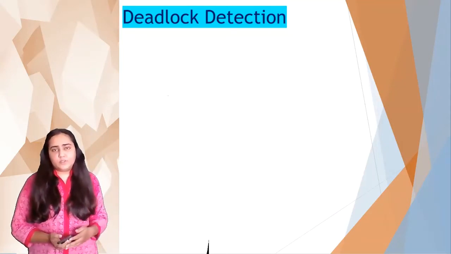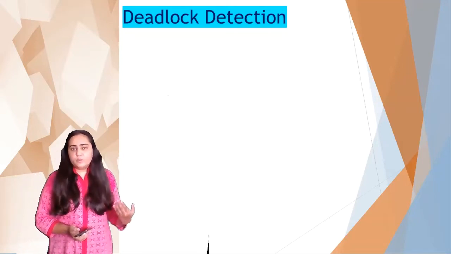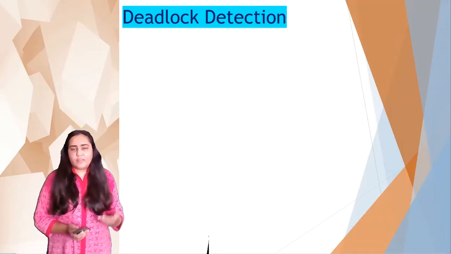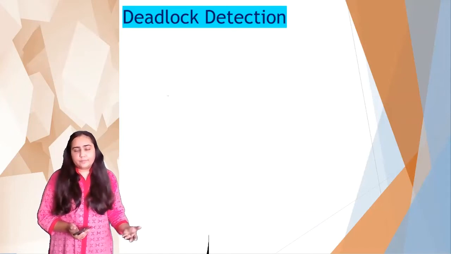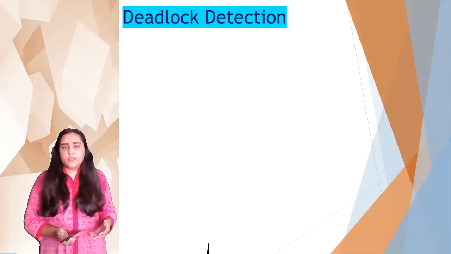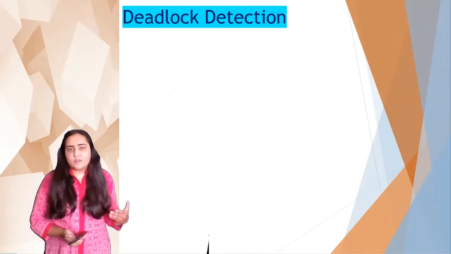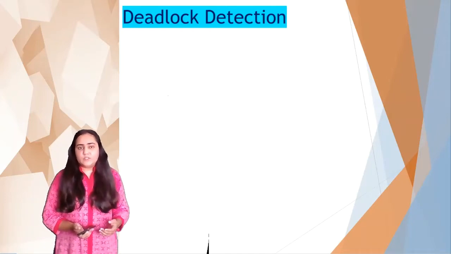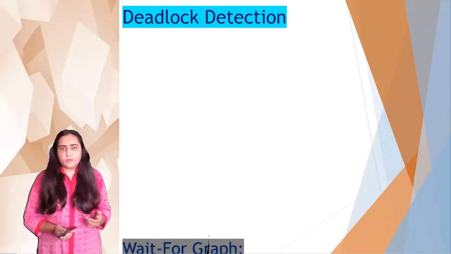So to prevent such situations, sometimes we let deadlocks happen and then try to resolve them. So in order to do that, first we have to detect that a deadlock has happened. Your system needs to detect that there has been a deadlock.